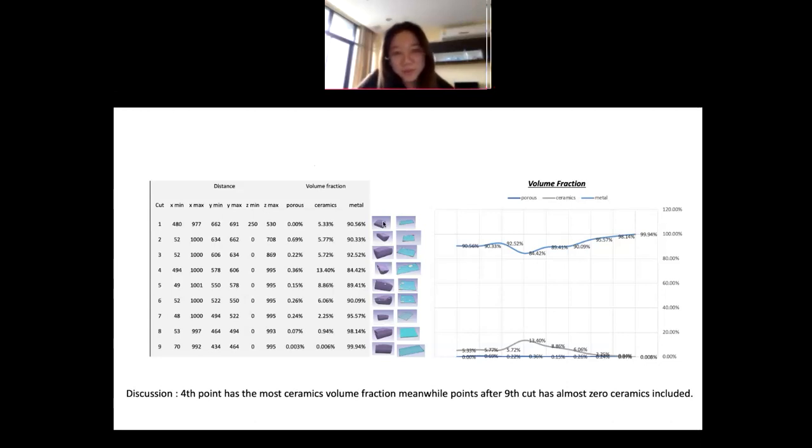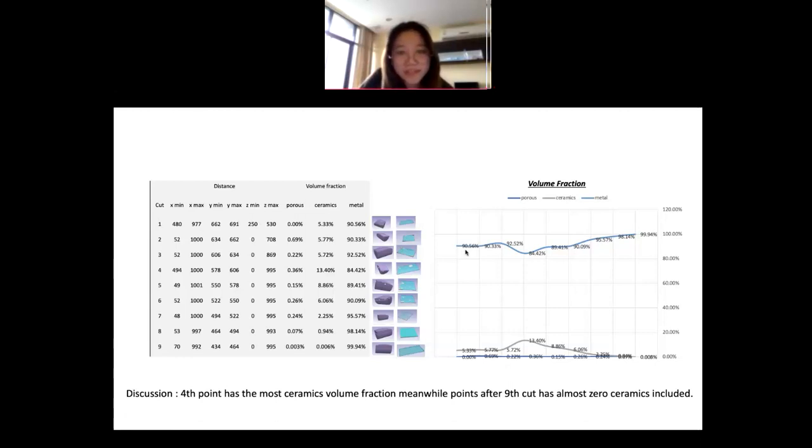So in order to remove them, I had to make the model into many cuts and find which part has the accumulation of some white chunks. So here I made 9 cuts, and each cut is 20 micron wide.